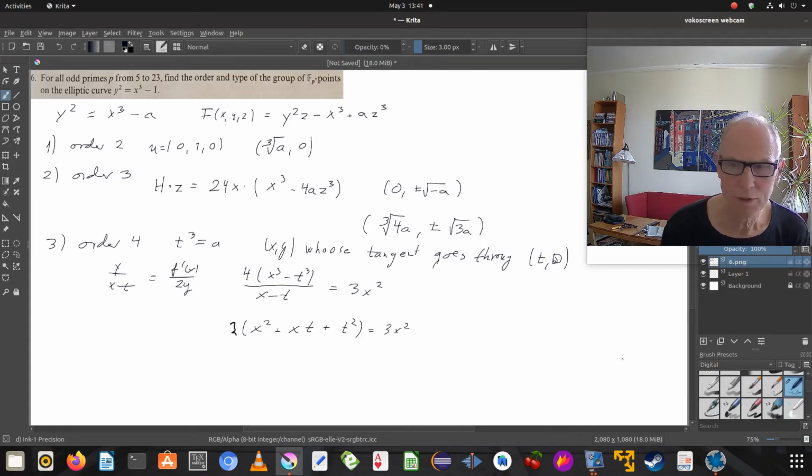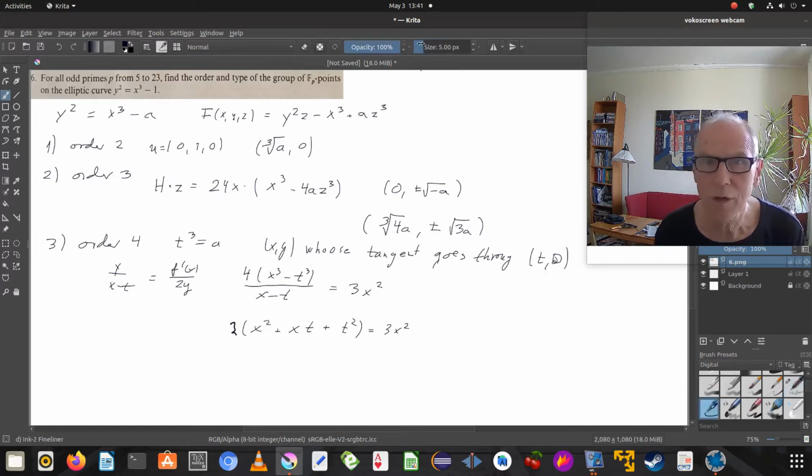So we move it to the right side. X squared. That was slightly too small.